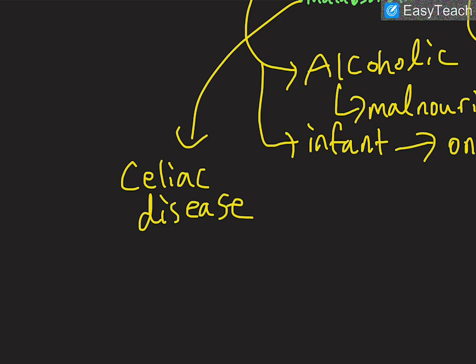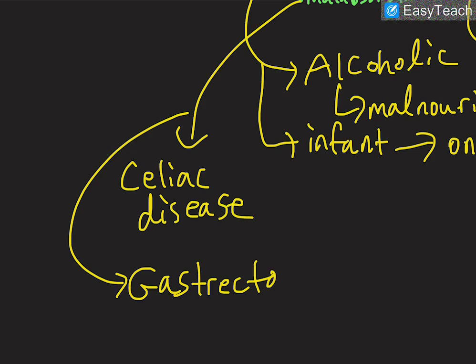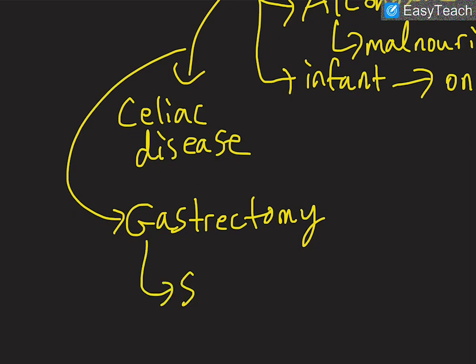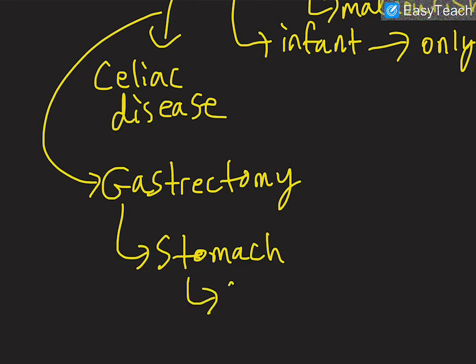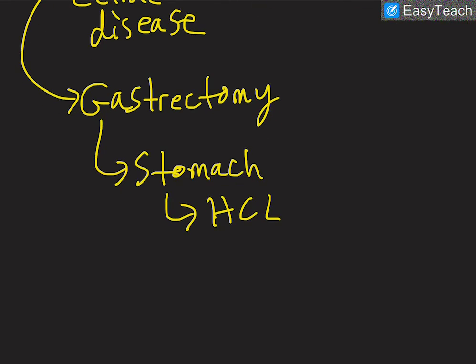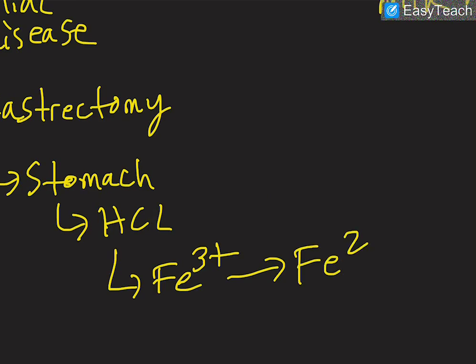Okay, well, what if someone had a gastrectomy, where part of their stomach was taken out? So remember, our stomach, specifically our parietal cells, produces hydrochloric acid. You need hydrochloric acid in order to absorb iron properly. Why? Because hydrochloric acid in our stomach takes iron in the ferric state and reduces it, converting it into the ferrous state.